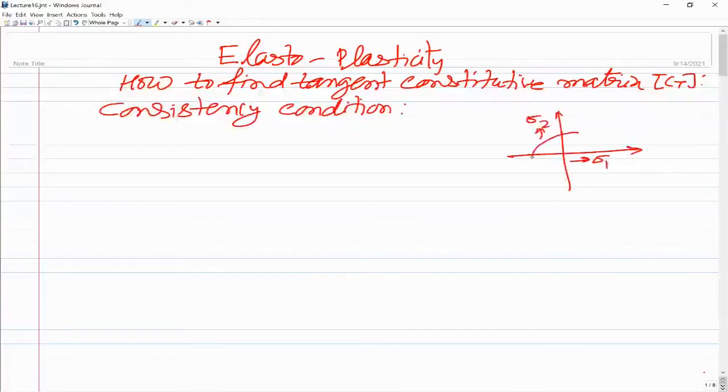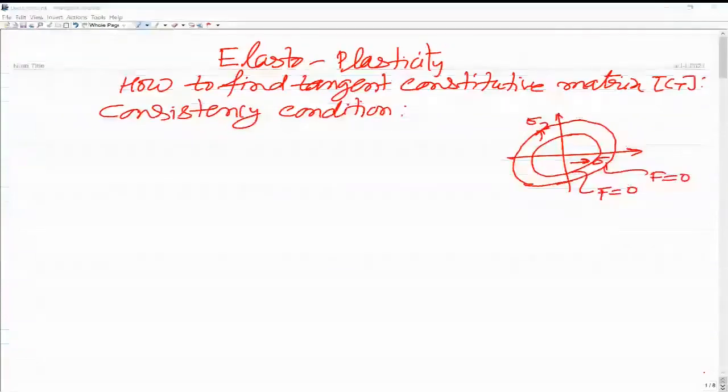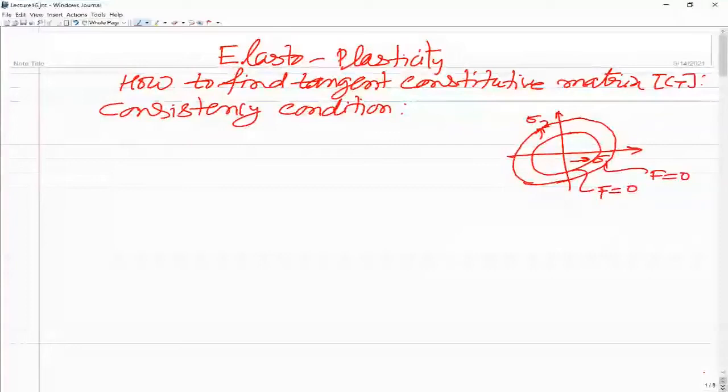Let us say this is the initial yield surface and the material is yielding, and then there is a plastic deformation, and then this is the subsequent yield surface. If the material is undergoing elastoplastic deformation, F is going to be 0 here and also on this surface. The yield function F is 0 because yielding is taking place, initially or at any intermediate step.